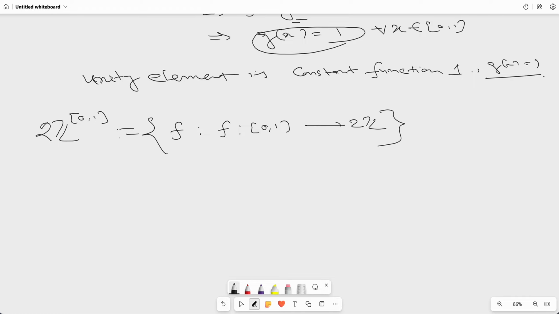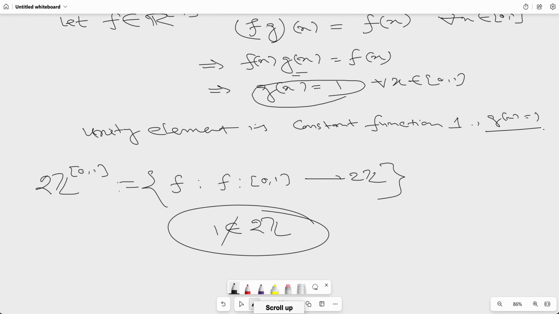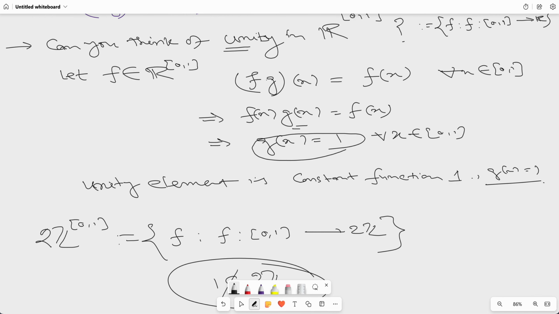You cannot find any unity here, because 1 is not inside 2Z. You have chosen here g(x) to be 1, right? If your ring has unity, then you will have unity.